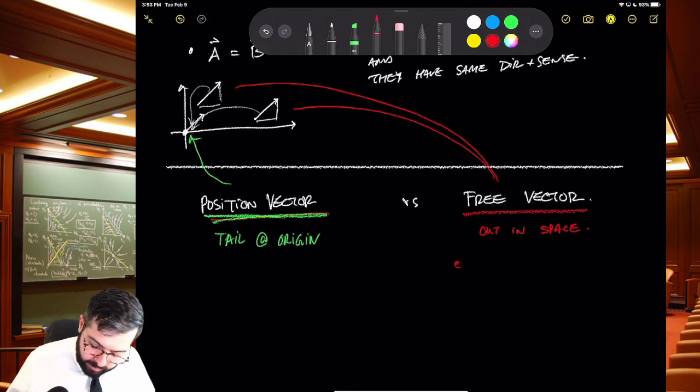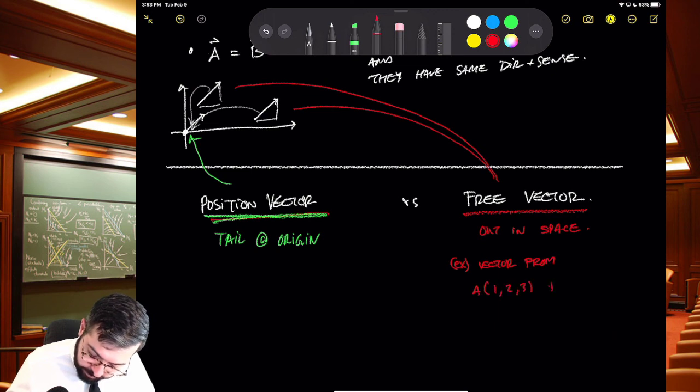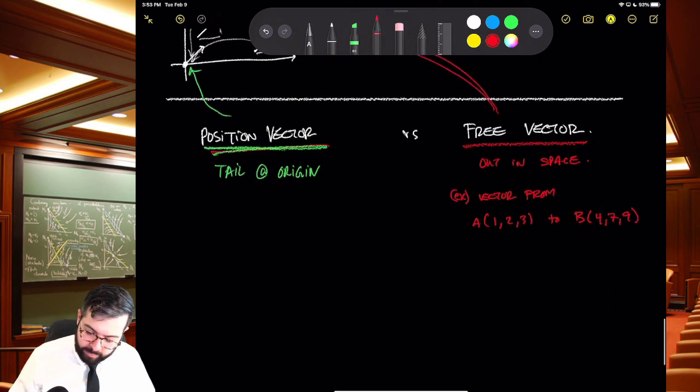So an example of this would be the vector from point A, which is 1, 2, 3, to point B, which is 4, 7, 9. This is, again, some vector. It's in octant 1.